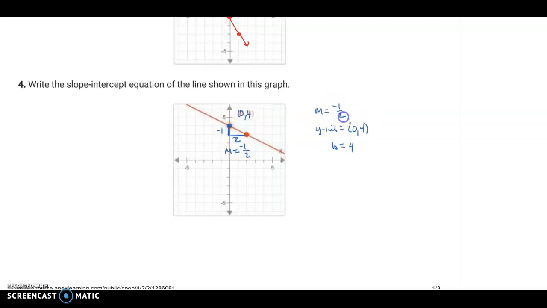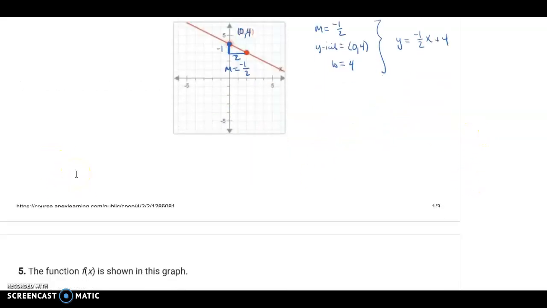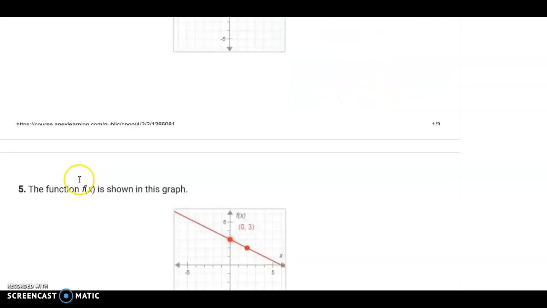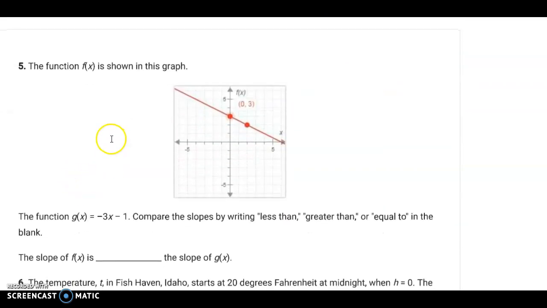So my slope is -1/2. I can take this information now and write the equation as -1/2 x plus 4. Again, to write the equation, all you really need is the slope and the y-intercept.